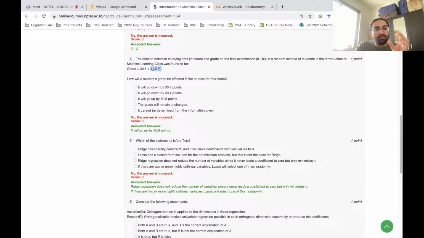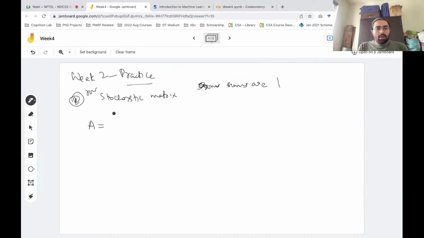Now when that happens, let's say you have a matrix A, with elements A11 until A1N, up to AM1 to AMN. So this sum is 1 and so on. Each row sum is 1.